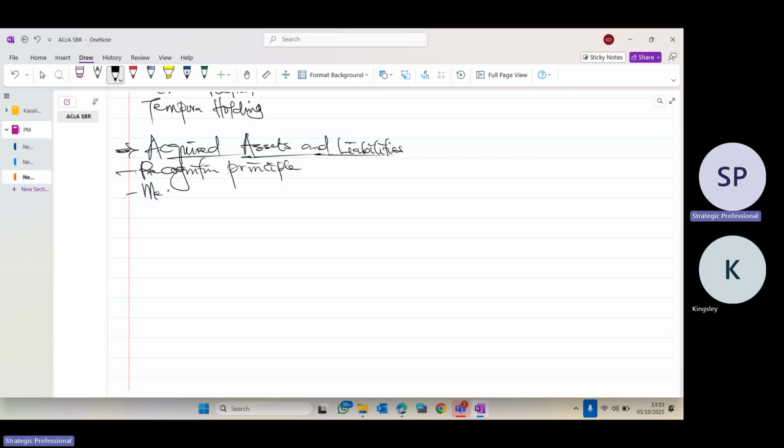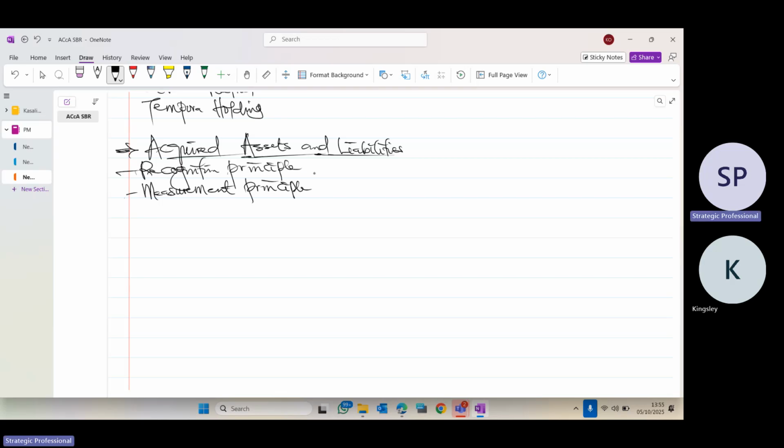So for recognition principle, it means that we have our identifiable assets acquired, liabilities assumed, and also we recognize goodwill and the non-controlling interest separately.